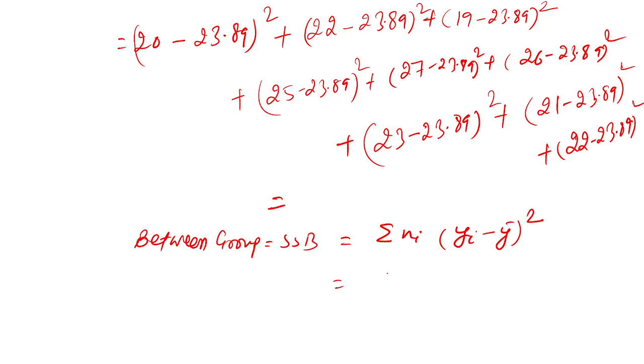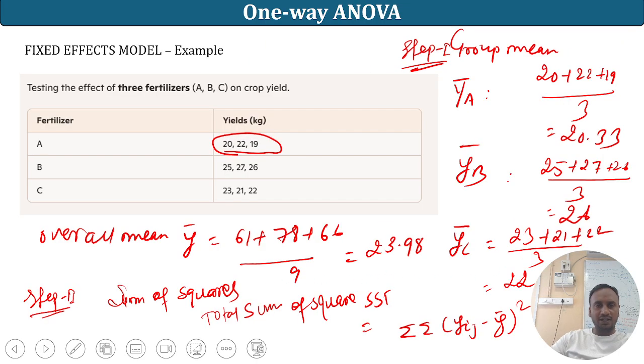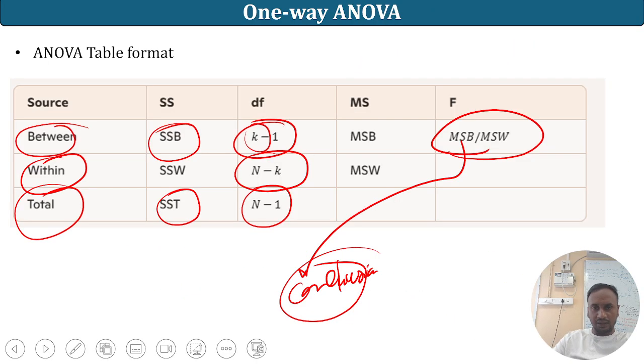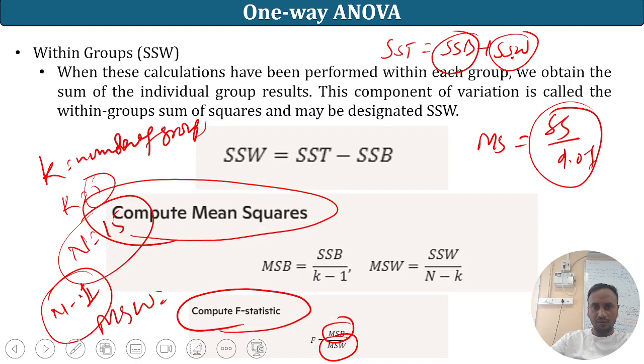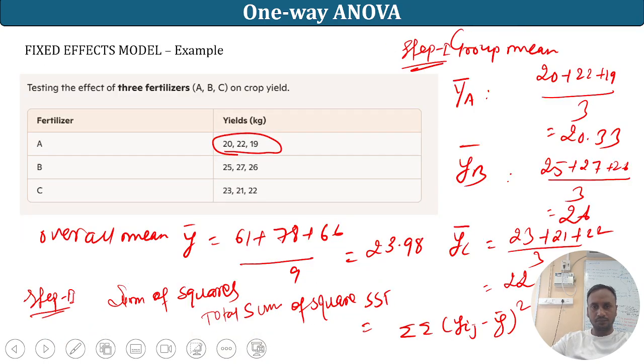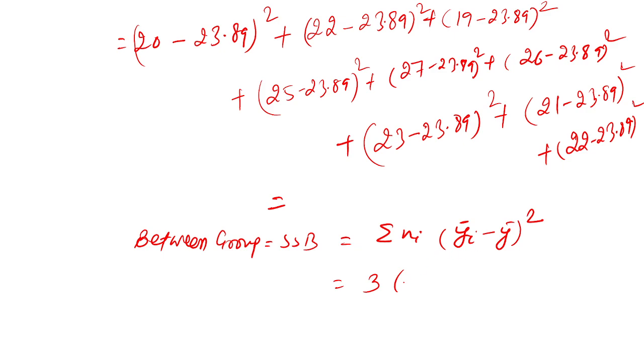How many are there in group A? Three. Yi bar means the group mean.